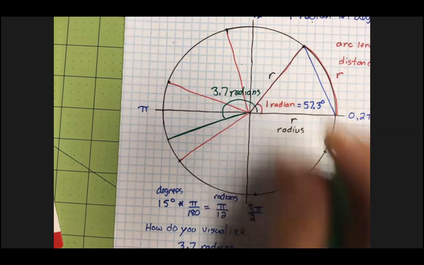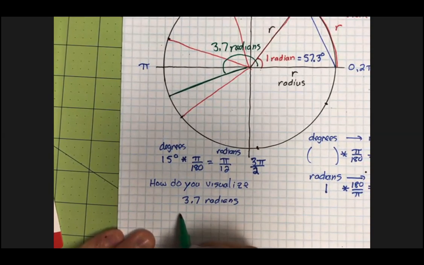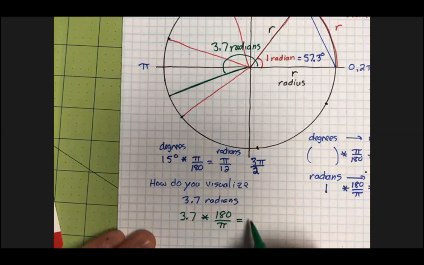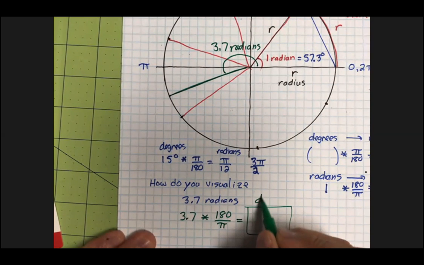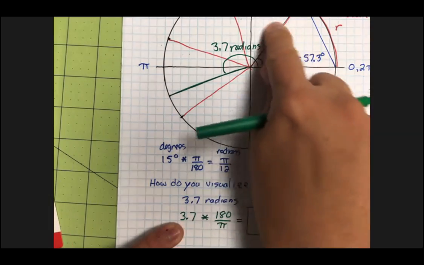But if I want to know exactly how many degrees that is, I'm going to use my conversion formula. 3.7 radians times 180 over pi is going to give me the number of degrees I have. So don't think that anytime someone gives you radians, they must include a pi, like pi over 12. You can just have an ordinary number that represents walking around the circle.